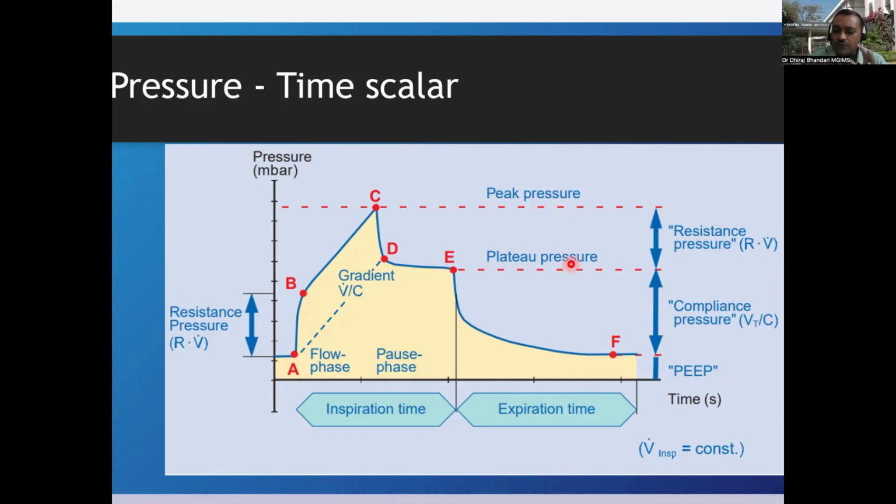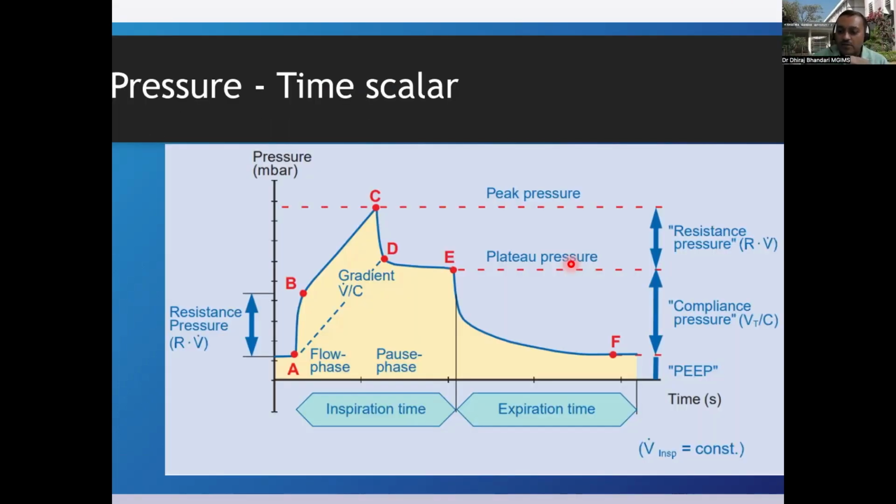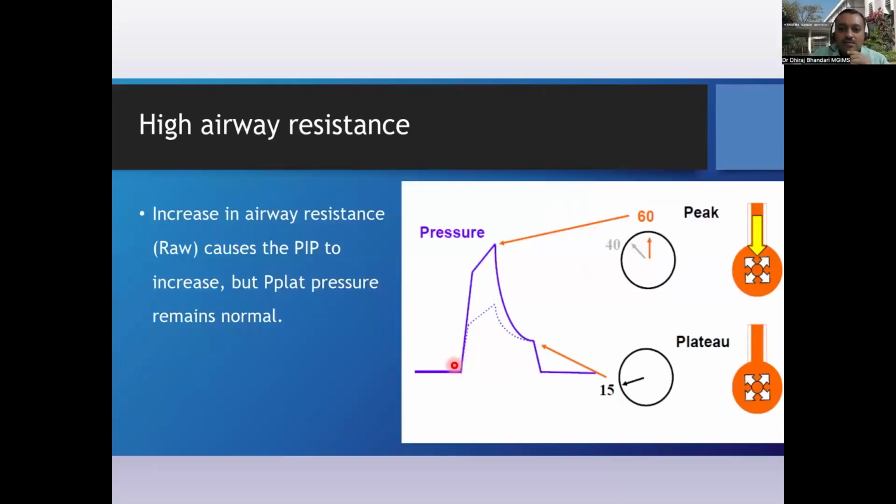Now, if you remember, last time we talked about compliance, isn't it? So we'll look into this in the next slide. What do you mean by static compliance and what do you mean by dynamic compliance? Now imagine this dotted line shows your normal graph. Now you see, for some reason you are ventilating a patient. Suppose he was an ARDS patient, or a patient in your operation theater, and you see the peak airway pressure has gone up on the ventilator.